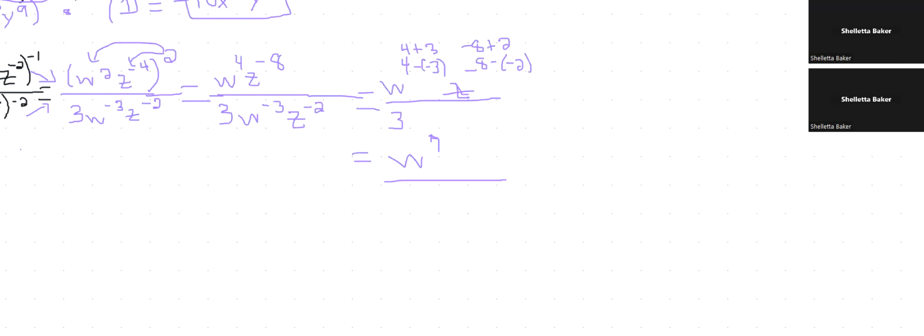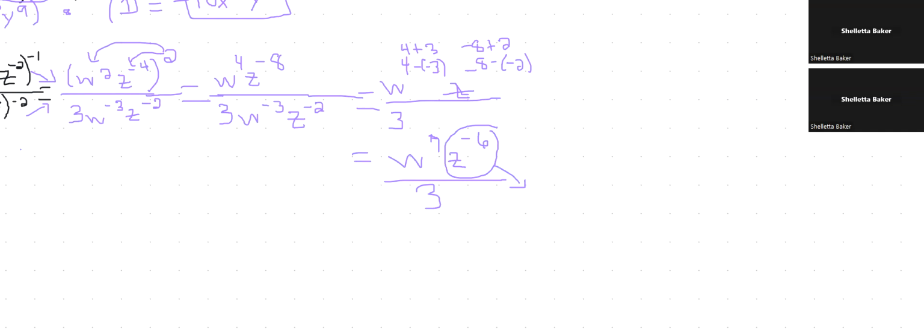Z to the power of -6, -8 plus 2, that'll give us a power of -6. And then our 3 will carry over to the denominator. We still have this one negative exponent that we need to make positive. So we need to move that term to our denominator. That's important there.